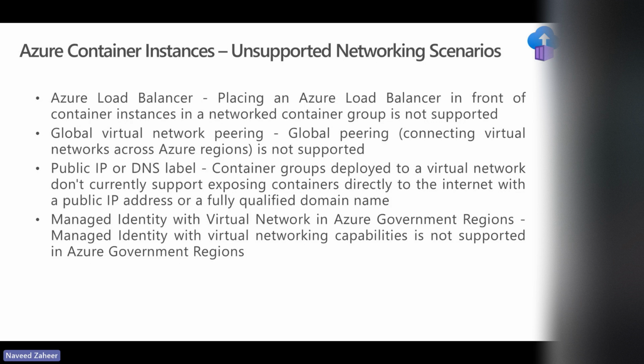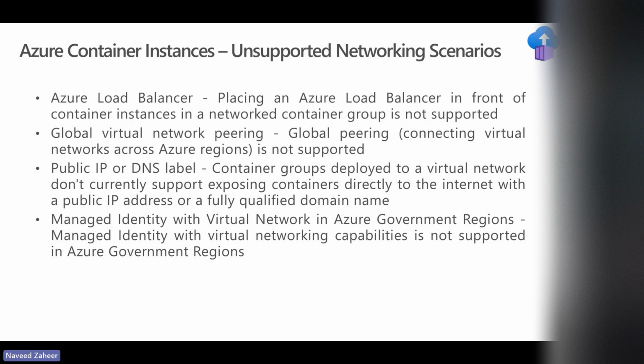For example, first of all, you cannot place ACIs behind a load balancer. At this moment, it's not possible. And when I say load balancer, I mean Azure Load Balancer. I just want to be very clear. You can use App Gateway. Yes, you can use App Gateway and put ACI one or two behind it. That's definitely doable, but not with Azure Load Balancer. That capability is not there yet.